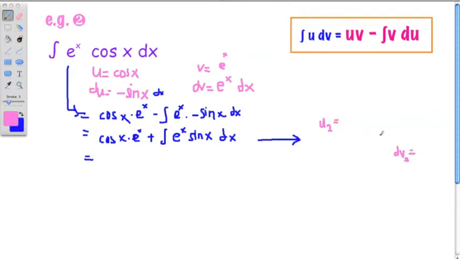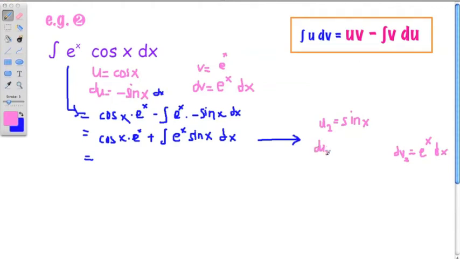For u2, we will take sin x, and dv2 as e to the power of x dx.